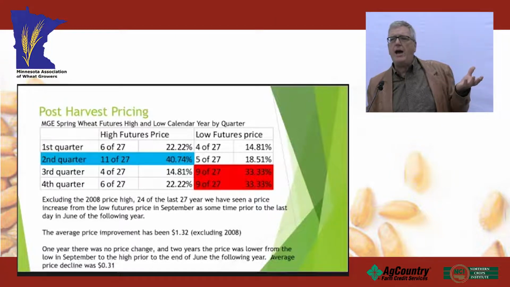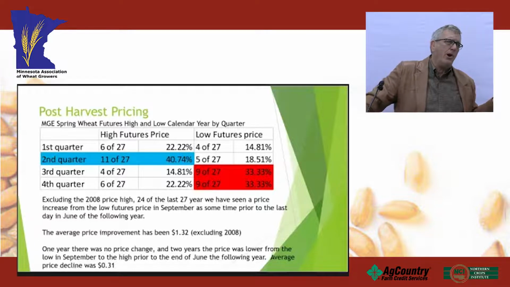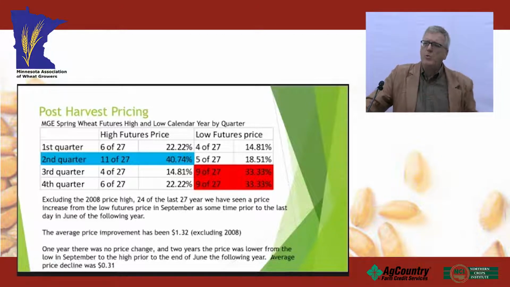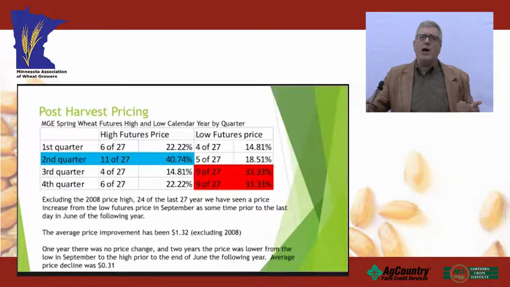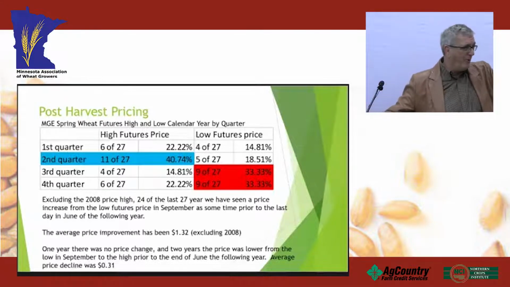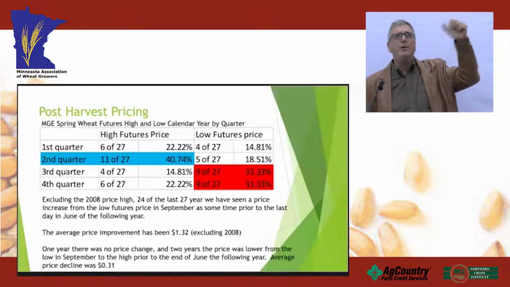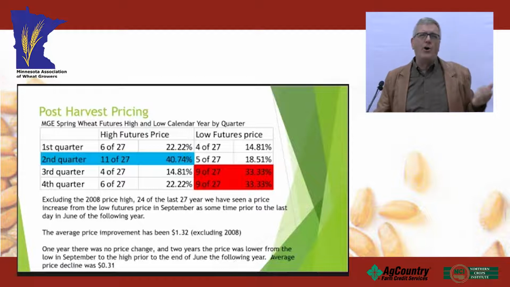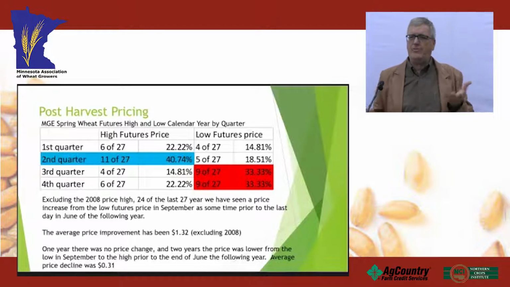And what we found is that in those 24 years out of 27, the price at some point after the first of the year, before the end of June, went up an average of $1.32. Now, we actually had one year where it was zero. We had the same high as we had the low in September, so that one is in the next set of data.